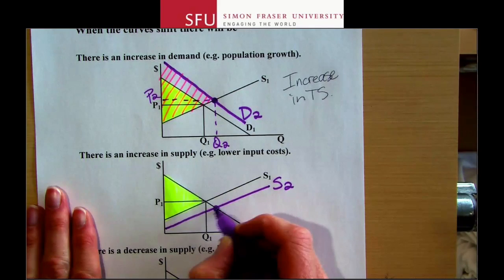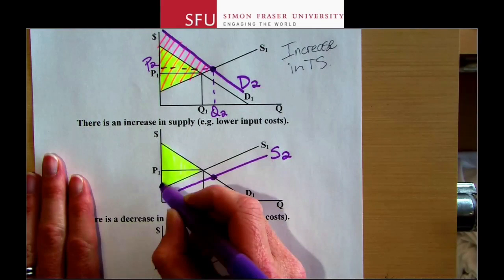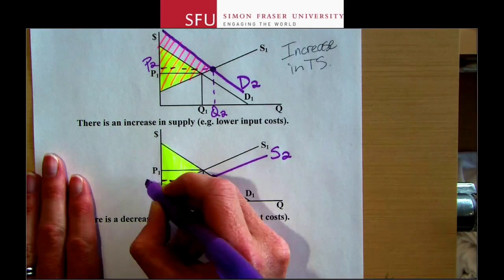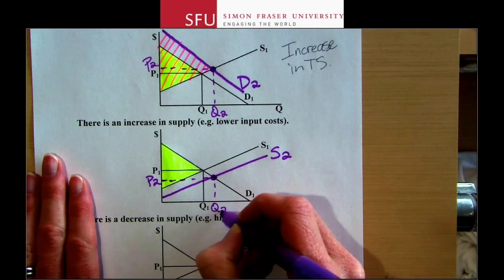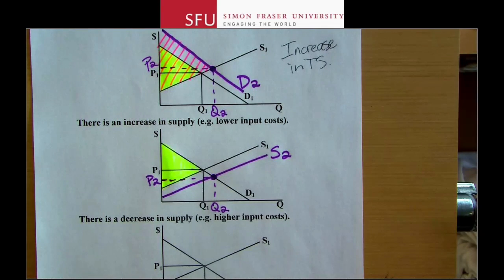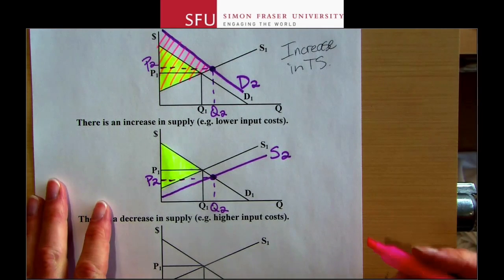Then we get a new equilibrium here. And there's more surplus, because the costs have gone down and the quantity is larger.